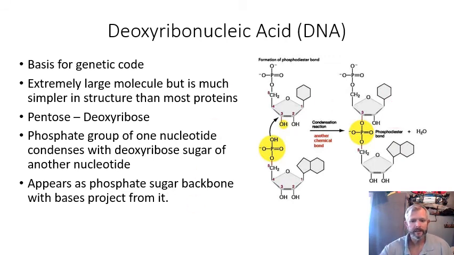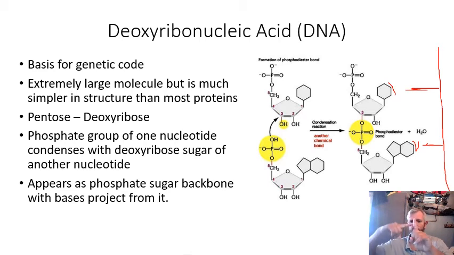So if we had another strand, we would have another base coming out from that strand, and that base would hydrogen bond with this one. We're going to see this is specific. The complementary ones are specific, but that forms the rung in the ladder.